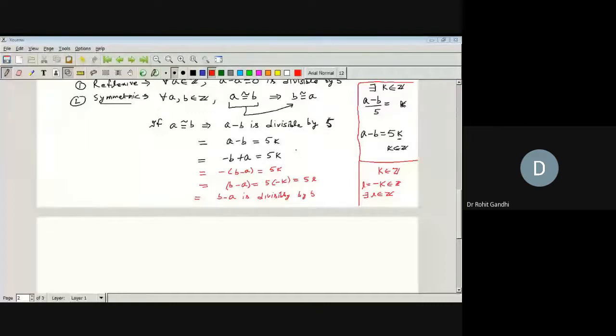Further, it implies that b is in relation with a. If this point is clear to all of you, then please raise your hand. Otherwise, if you have a question, then unmute your mic and discuss with me.